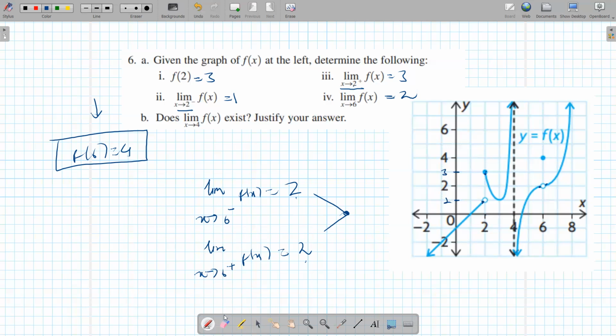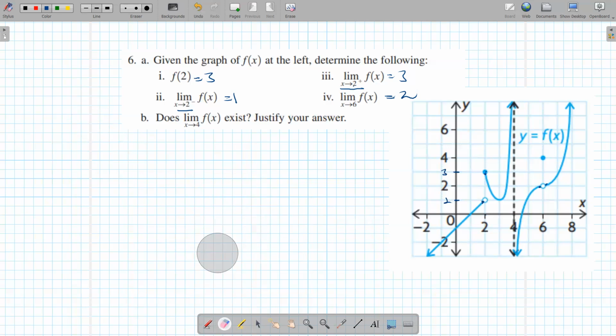What about B? At 4, it's asking us now. Look at to the left of 4 and to the right of 4. Are they the same? No. Tell me, left side, what's the limit?